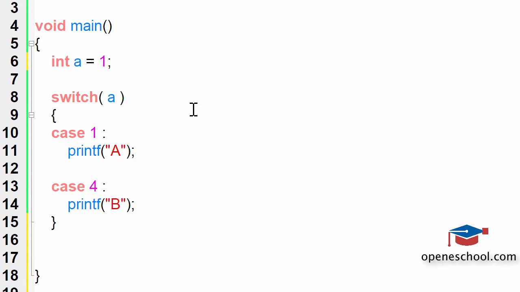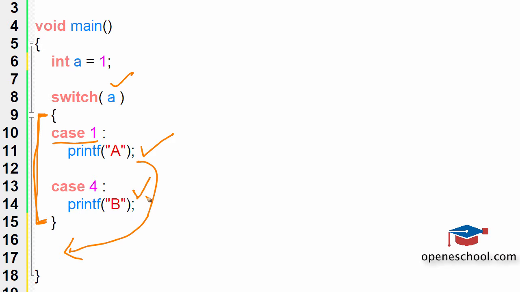Now, as I discussed in the previous video, the body of the switch statement is starting with this bracket up till this bracket. So when the value of a is 1, this case should match. It should print character a on the screen, and after this the control should go out of the body of the switch statement. So this line should not get executed.